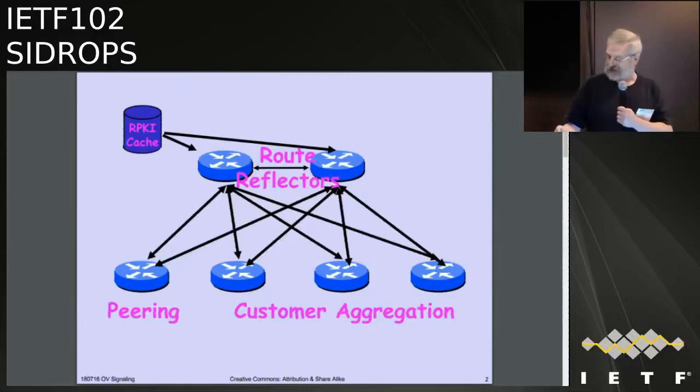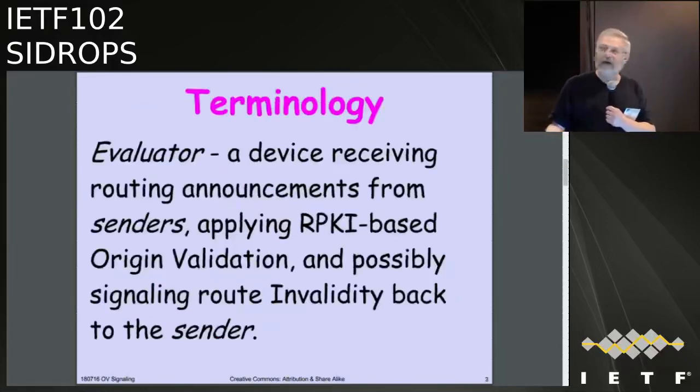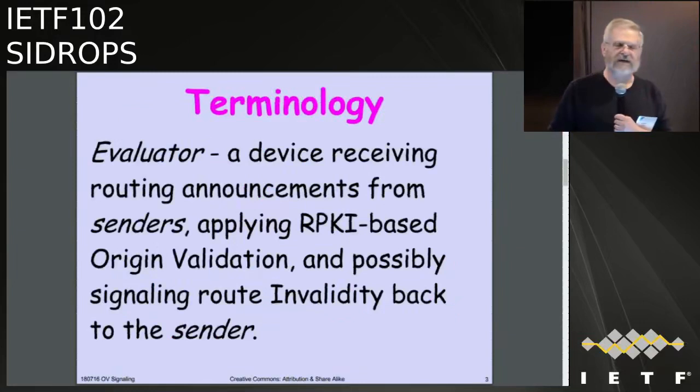I am suggesting that these be the only evaluations of BGP announcements and that they signal back invalids to the aggregation routers. I want to be careful about terminology because this is especially designed to be confusing.